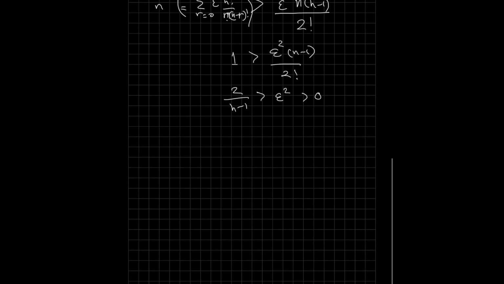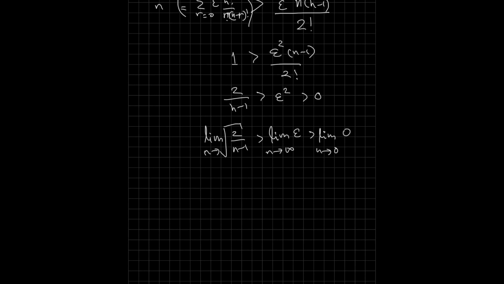And now if you take the limit of the terms as n approaches infinity, I wrote 0, but that should be infinity there. We probably actually had to get the square root first so that we can do this.